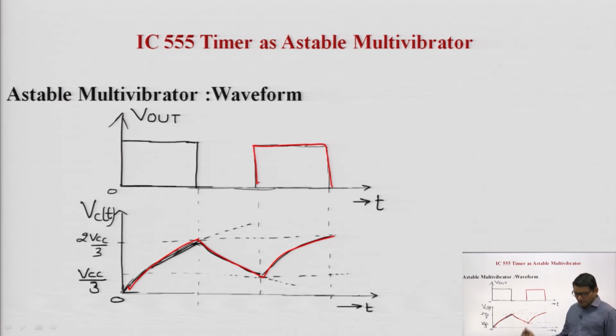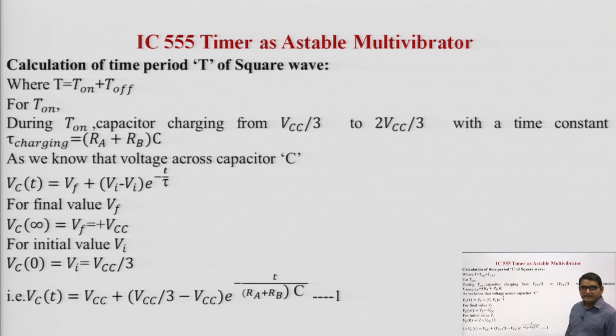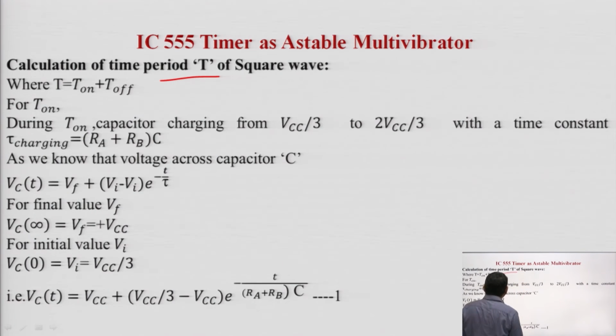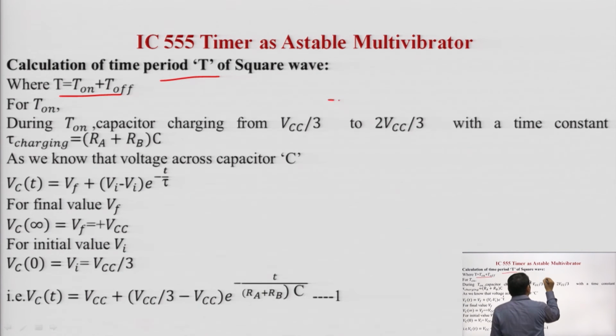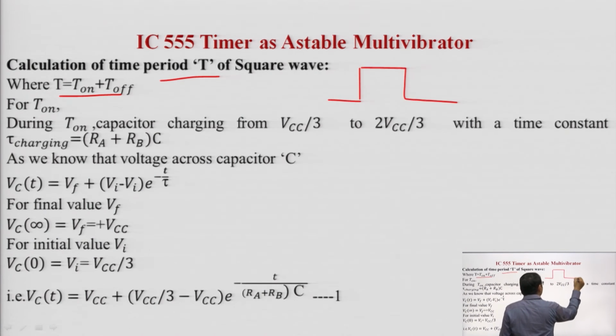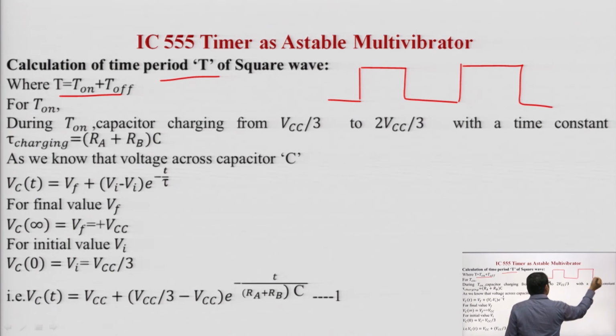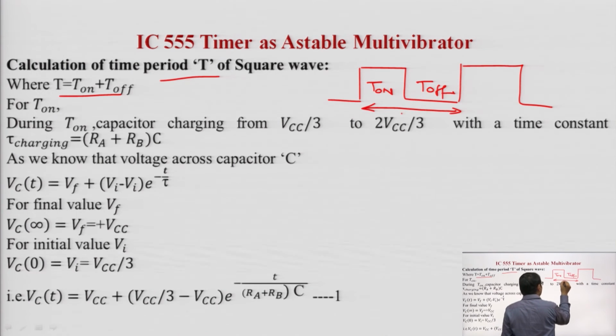Next, consider the calculation of the time period T or frequency f of the square wave, where T is t on plus t off. This is our square wave at the output side. When the output is high, this is considered t on, and when the output is low, this is considered t off, and the sum of these two times is defined as the time period.